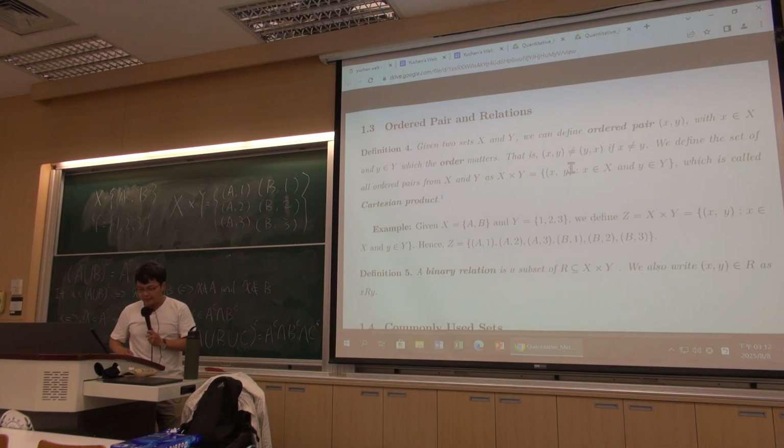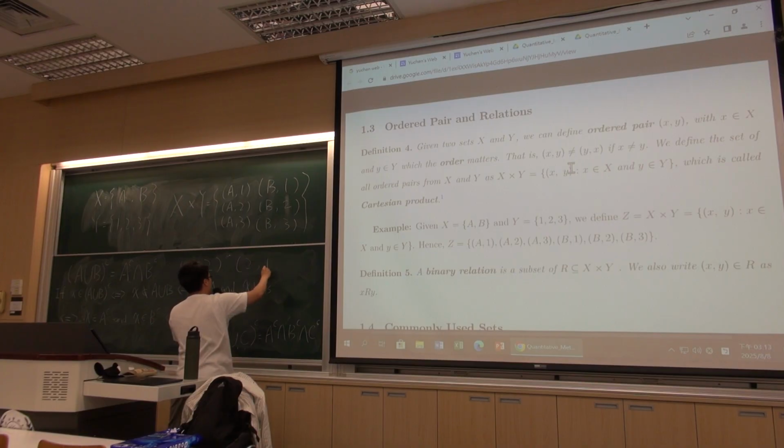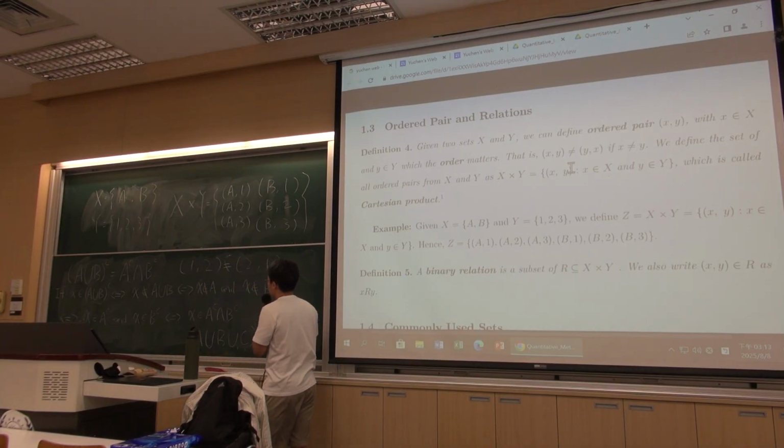So the easiest way to think about it is the xy plane. In the xy plane, you won't say that the point (1, 2) is the same as the point (2, 1), right? So these two are not equal.